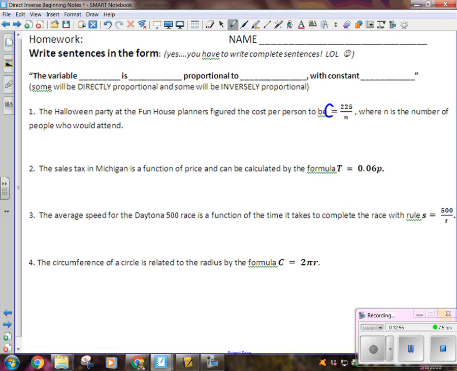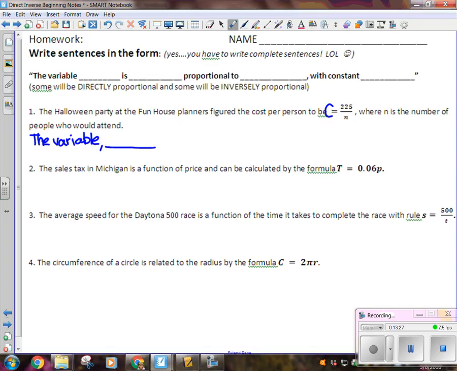Do you see where it says the variable blank is, and it's got a blank proportional to blank with constant blank? Y'all see the blanks? That's like my blueprint of a sentence that I want to write for number 1, 2, 3, and 4. It's going to make you pay attention to where the letters are located. So let's all start. Write small because I know you don't have a ton of space. You ready? The variable.